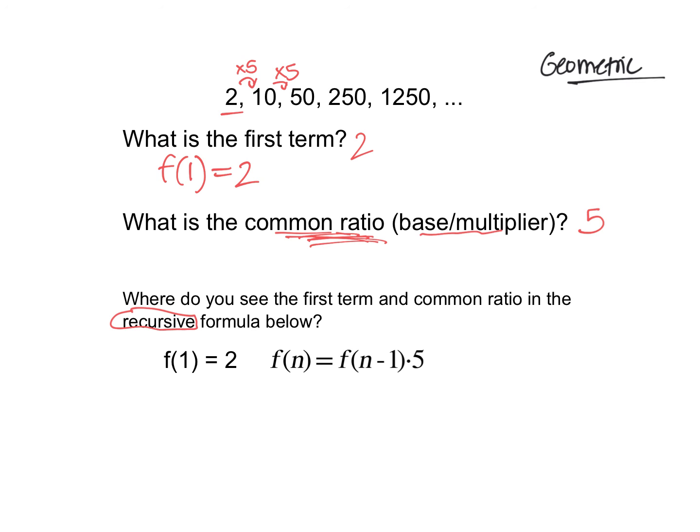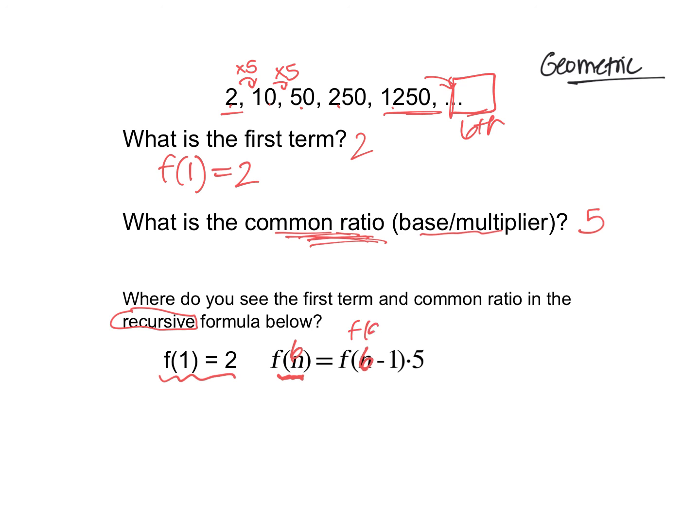Basically it's saying, if you know the term before, like if I know 1250, how would I get the next term? I'm going to tell you the first term, it's 2. Then to find any term, maybe I'm finding the 6th term, which is right here, I would do 6 minus 1 is 5.